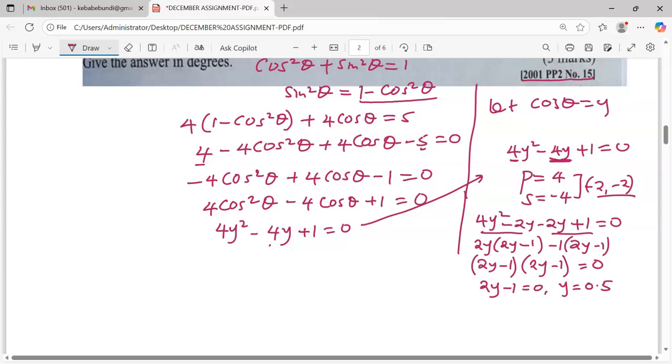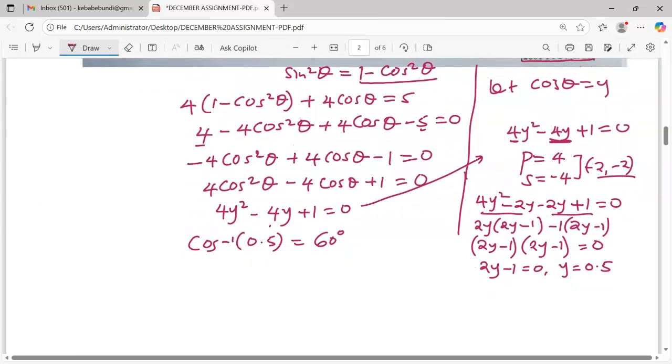Once we have gotten the value of y, since this was cos, we are going to get the cos inverse of 0.5, and the cos inverse of 0.5 will give us 60 degrees. You can press your calculator. That is the cos inverse of 0.5, that is exactly 60.